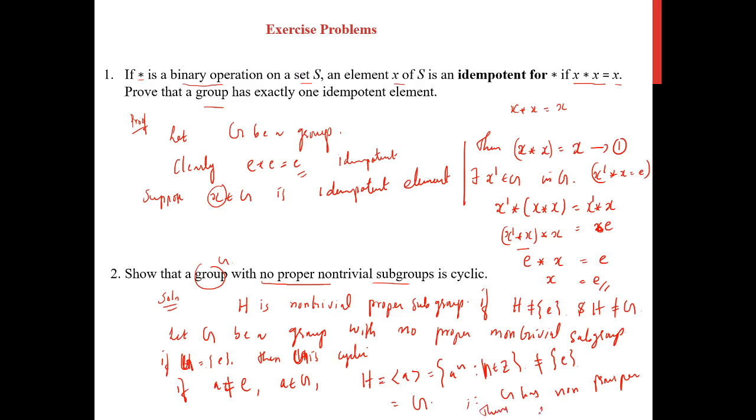Thus A generates G, therefore G is cyclic.